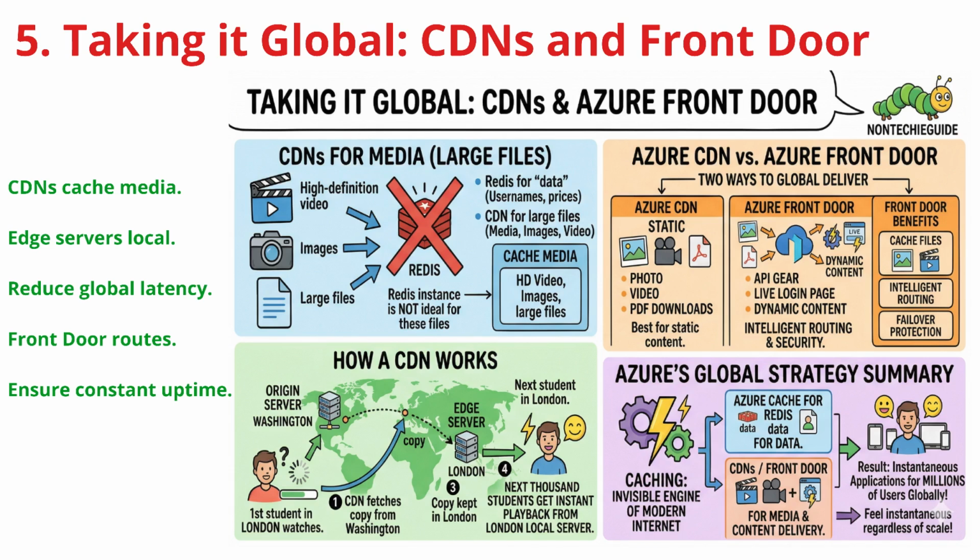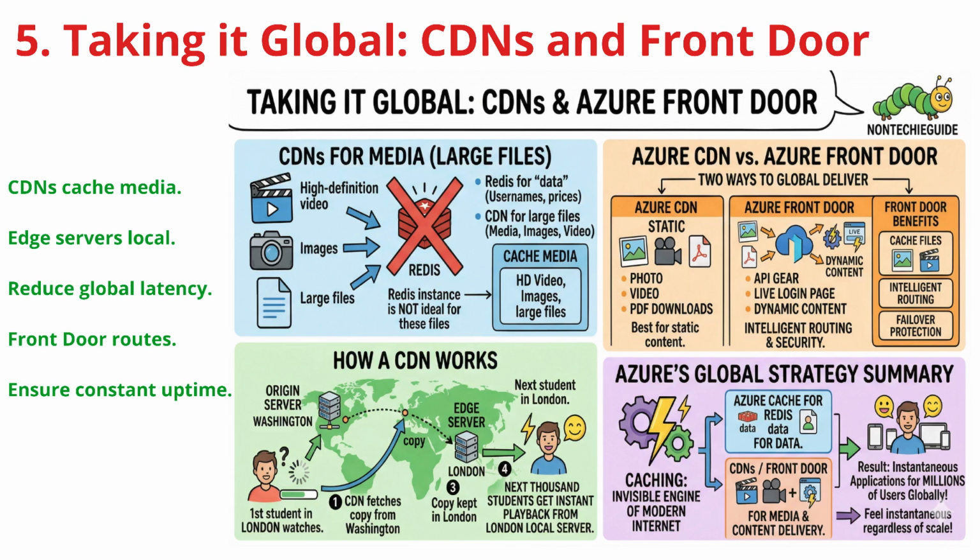Without a CDN, that file has to travel across the Atlantic, causing frustrating buffering. A CDN solves this by using edge servers. The first time that student watches the video, the CDN fetches a copy and stores it right there in London. The next 1,000 students get instant playback because the data is already local.